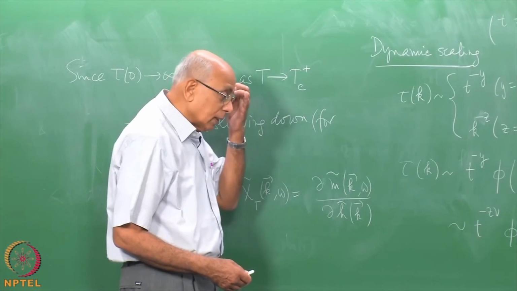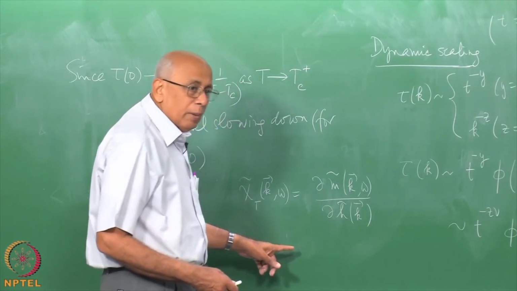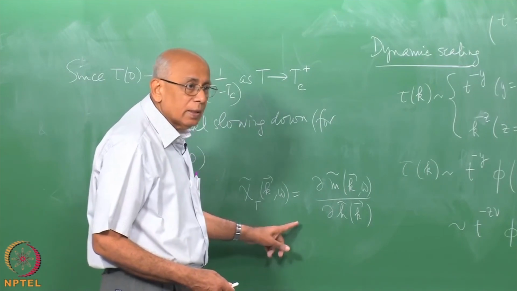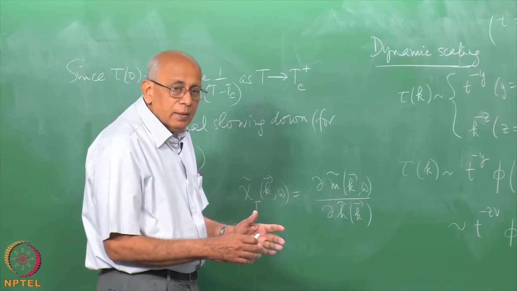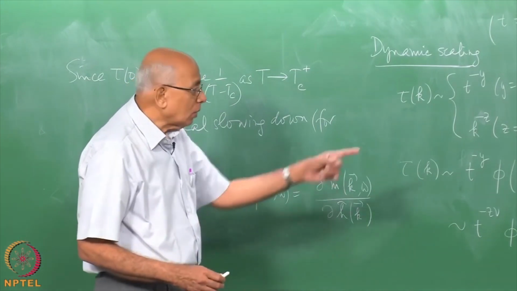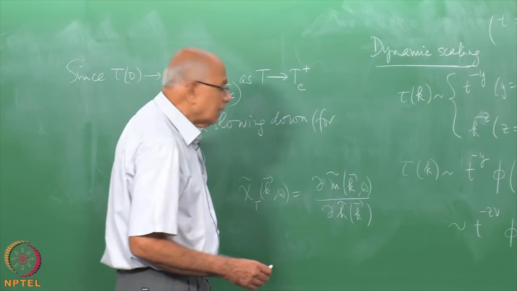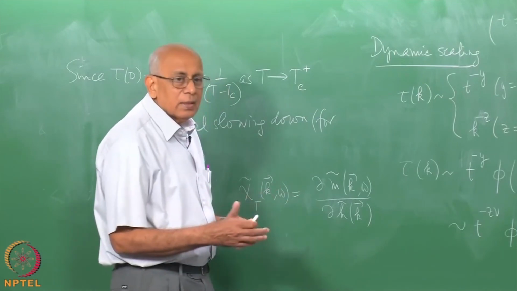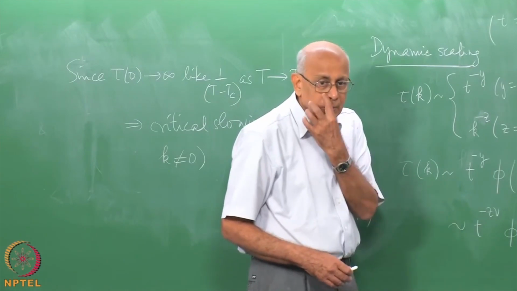Essentially you assume that this is some power of t, multiplied by a function of k xi and omega tau naught, where tau naught is the k equal to 0 relaxation time, and that gives you a relationship between this dynamic exponent and the other exponents.